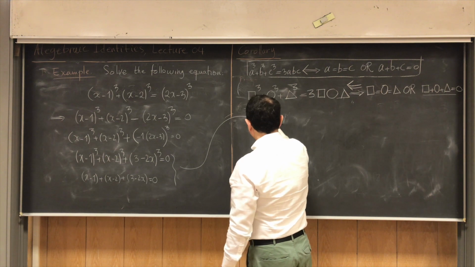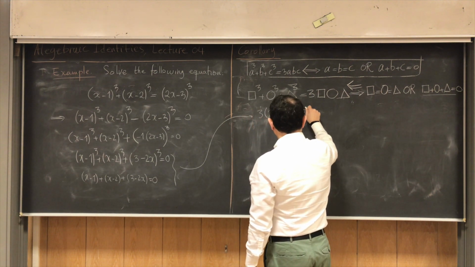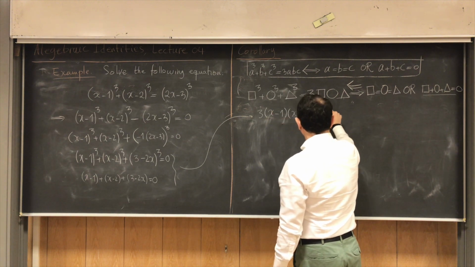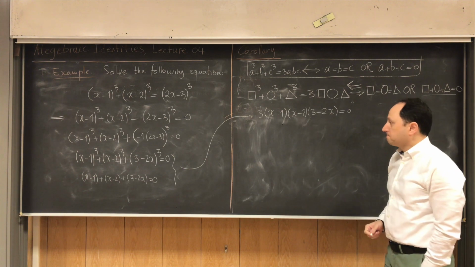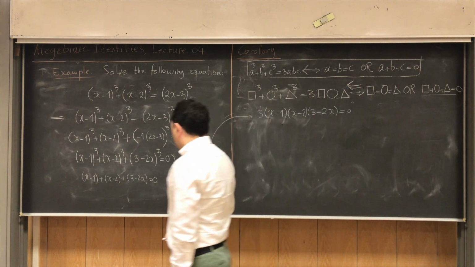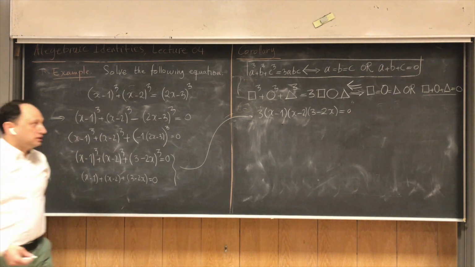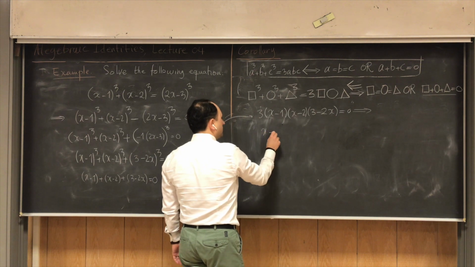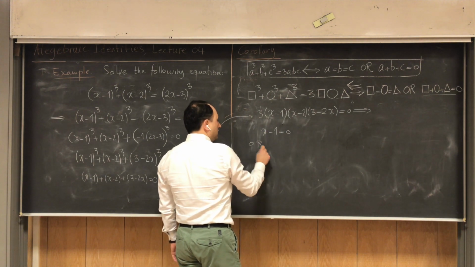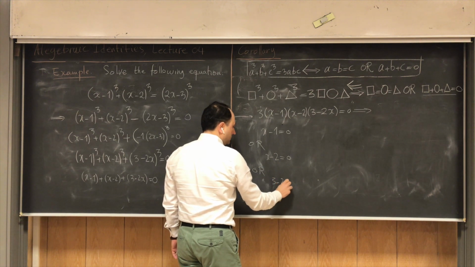I can write 3 times (x minus 1)(x minus 2)(3 minus 2x) is equal to 0. Yes? Okay. And then what I get, that's the zero product rule. Yes, so simple. So what I can conclude by the zero product rule is that either the first one is 0, or the second one is 0, or the third one is 0.